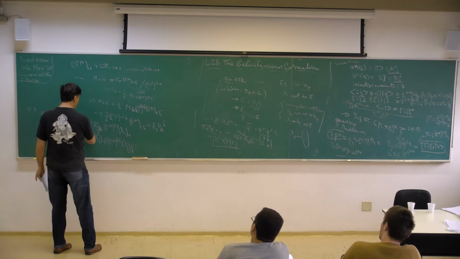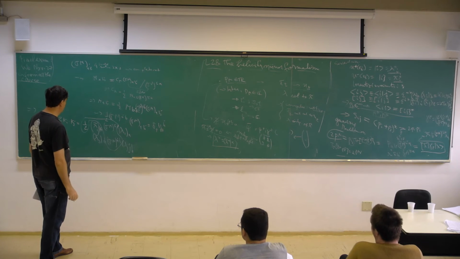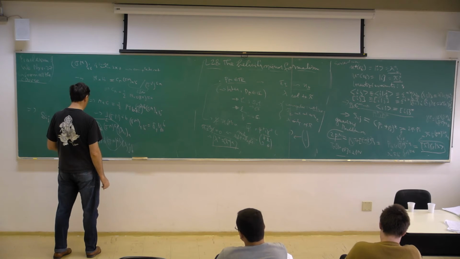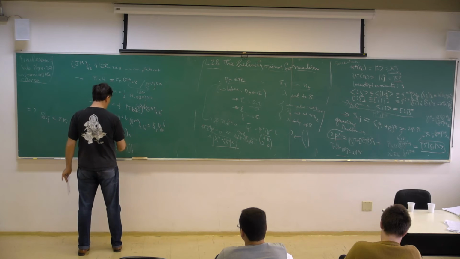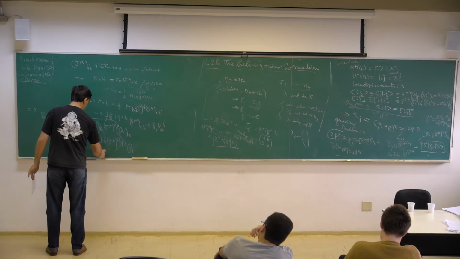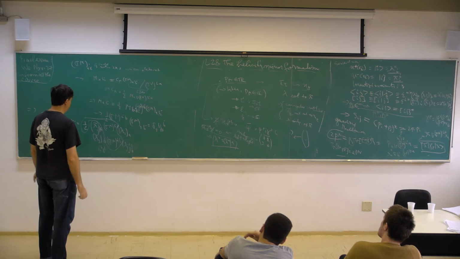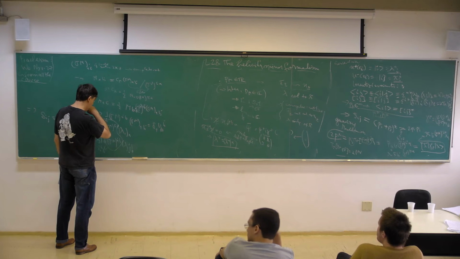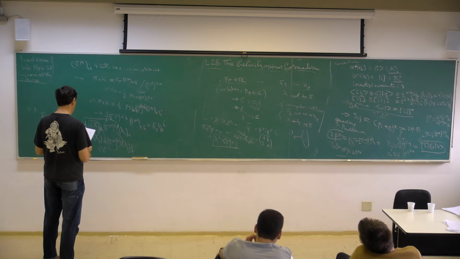But now, with this relation, I have that this object is equal to delta AB delta A dot B dot. And so the point is, there's something.